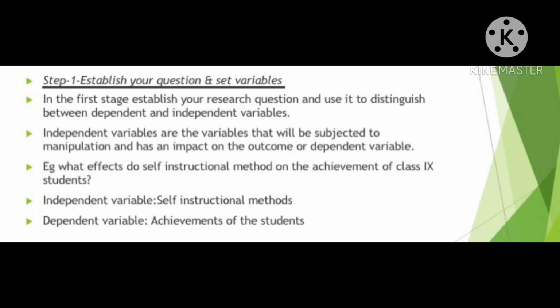Independent variables are the variables that will be subjected to manipulation and has the impact we are observing in the dependent variable. Example for a research question: what effect do self-instructional method do on the achievement of class 9 students? Here the independent variable is self-instructional method and dependent variable is achievement of the students.